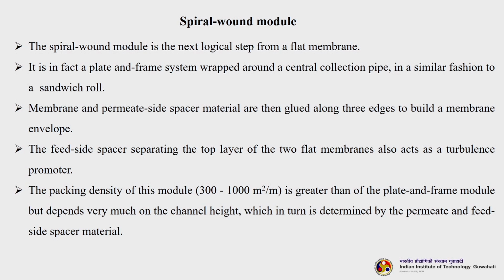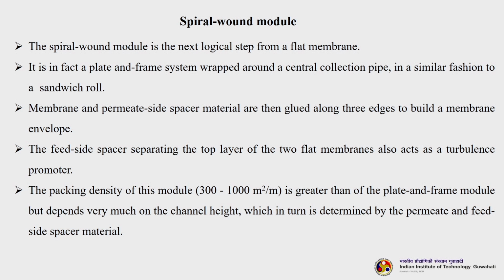The membrane and permeate side spacer material are glued along 3 edges to build a membrane envelope, and the feed side spacer separating the top layer of the two flat membranes also acts as a turbulence promoter. There will be a spacer on the feed side as well as the permeate side, and the feed side spacer acts as a turbulence promoter.